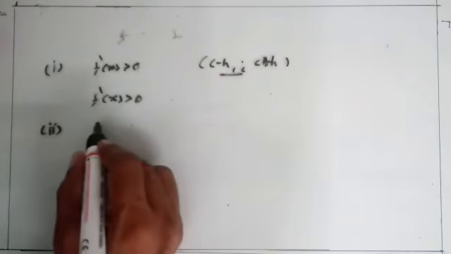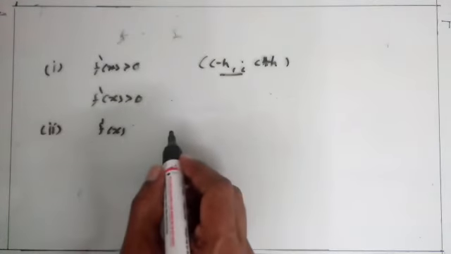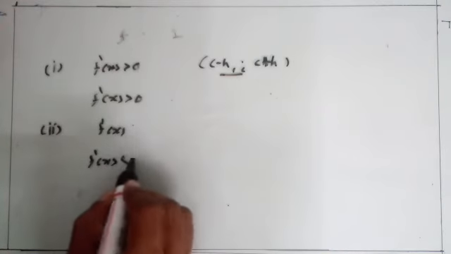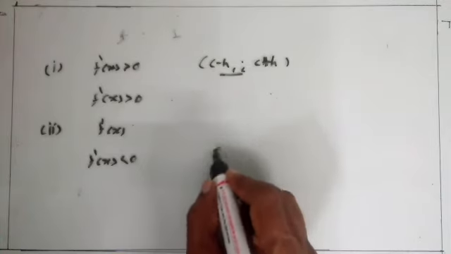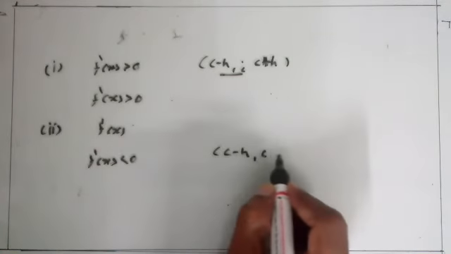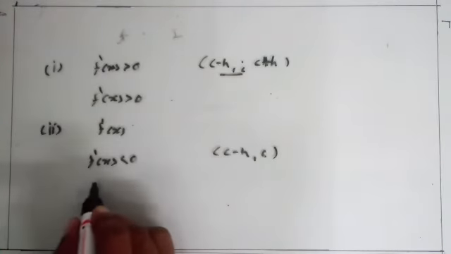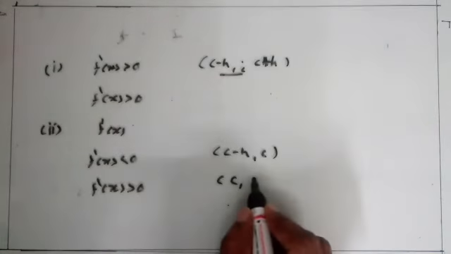Number 2, if f dash x changes sign from negative to positive as x increases through C, that is f dash x less than 0 at every point sufficiently close to and to the left of C, that is in (C minus h, C), and f dash x greater than 0 in (C, C plus h).